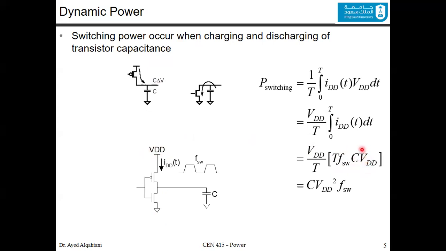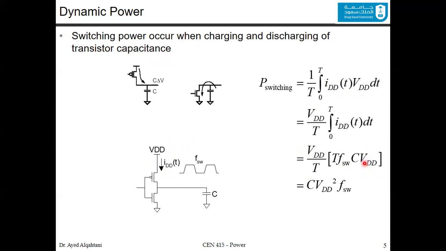So now we have another VDD. The first VDD comes from the fact that the power is the current times the voltage, and we take it out. And there's the other VDD because it's one of the major factors in charging this capacitance when you have a certain current.